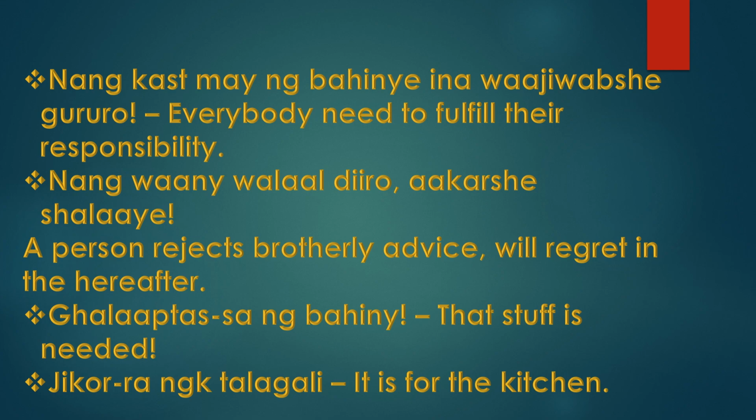It is for the kitchen, so something important is needed for the kitchen. We use the NJ followed by the article ka, nanka talgali. Okay, Jikora nankatalgali. And that's the basics of the Ain and the nang.